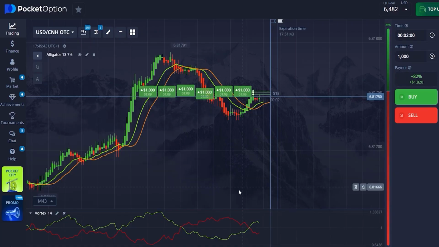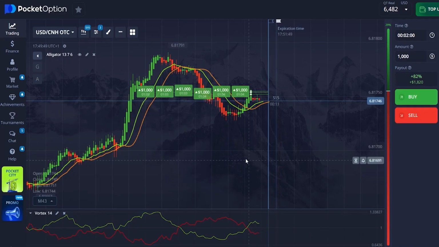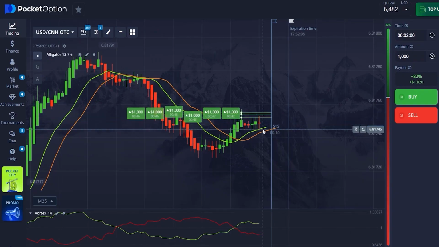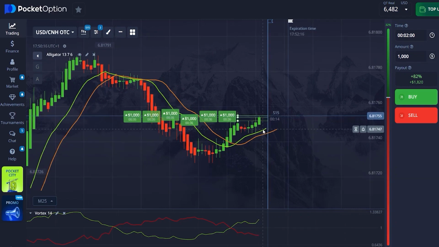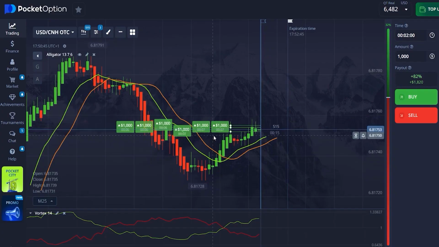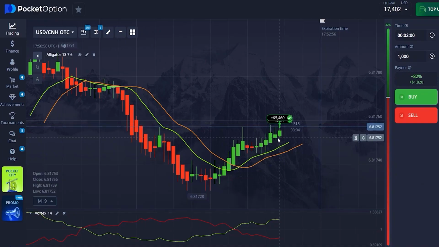Not only that, my Vortex line has to intersect each other to also give me confirmation into the market. So right here I also make another win.